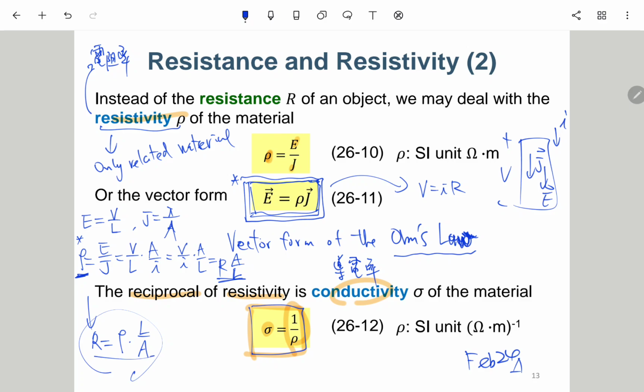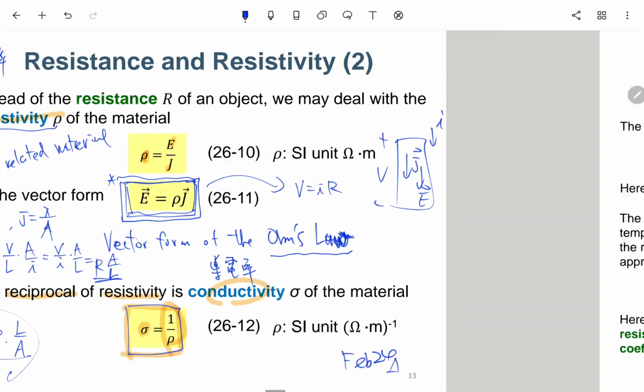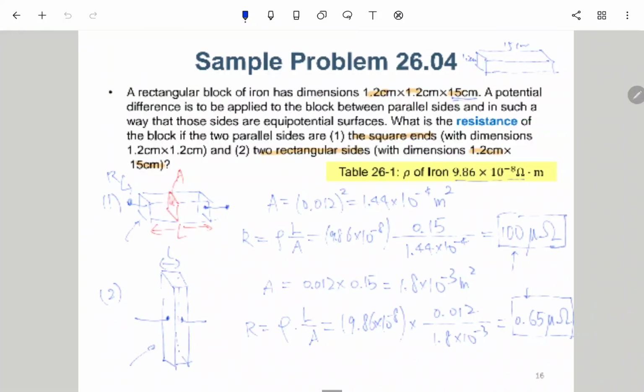So you can verify that all these formulas have some sort of relationship.